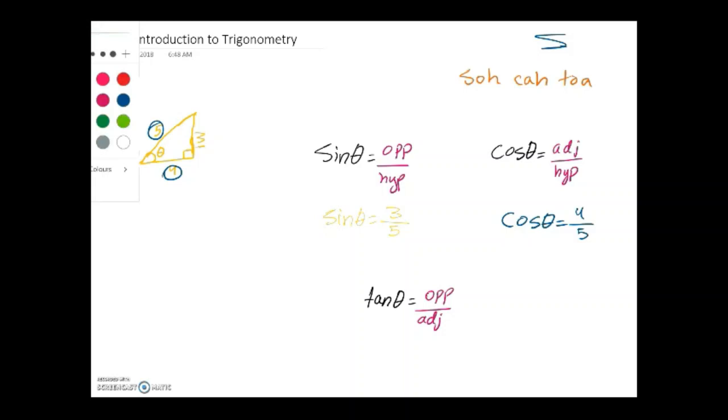And finally, tangent theta equals opposite, which is 3, over the adjacent, which is 4. So tangent theta equals 3 over 4. On the next slide, I will be choosing another angle, and we'll be solving for sine, cosine, and tangent. Let's move on to the next slide.